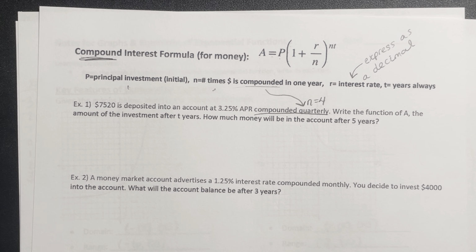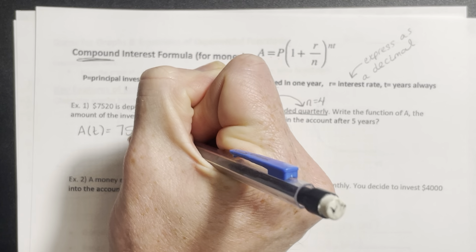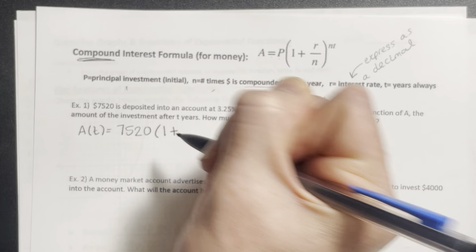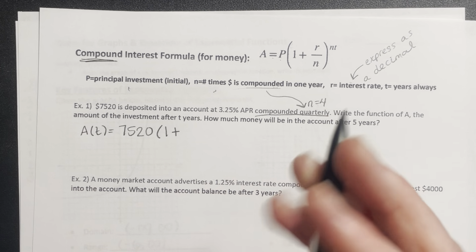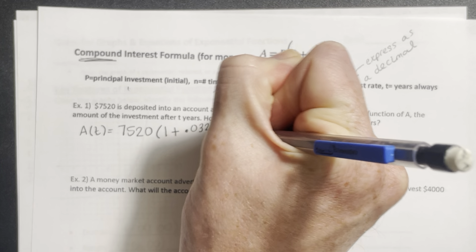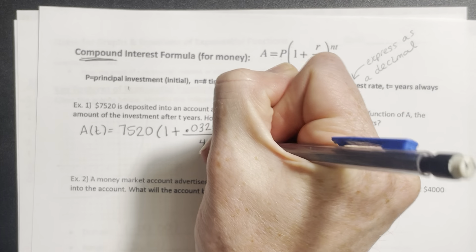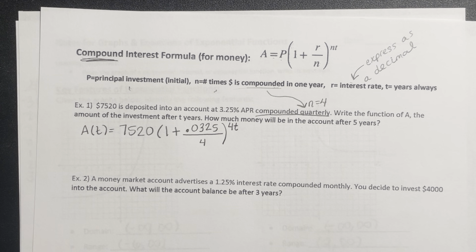We're going to write the function A, the amount of investment after t years. So A of t would equal an initial investment of $7,520 times 1 plus r over n. 3.25% as a decimal would be 0.0325 over n, so over 4 here, raised to the nt power, which would be 4t.